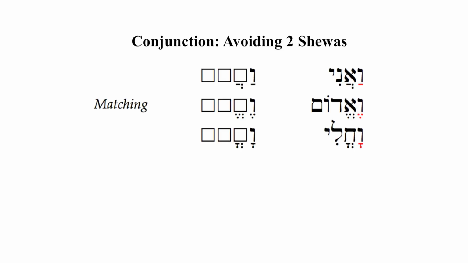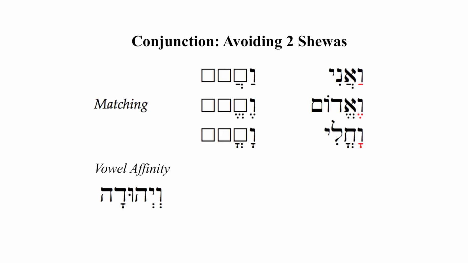There are some letters with schwa, however, in which the bump schwa rule or the composite schwa rule are not going to work. And that is the words that begin with the letter yod that has no vowel. This is a great example. We take the word Yehudah, Judah.